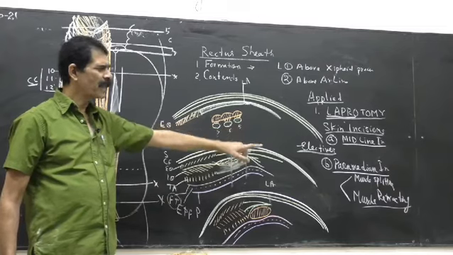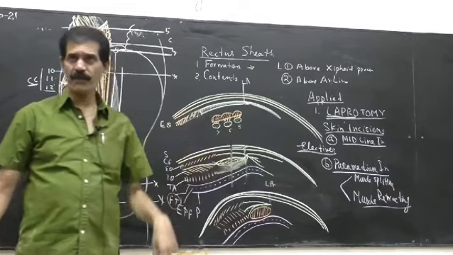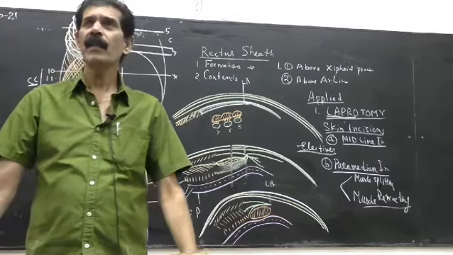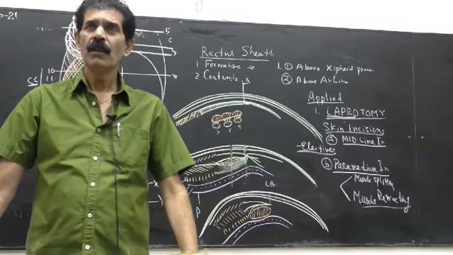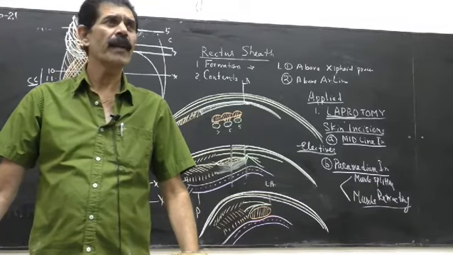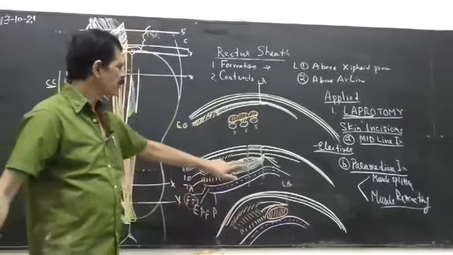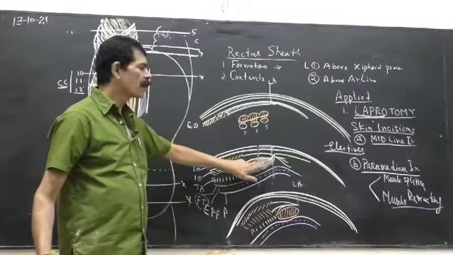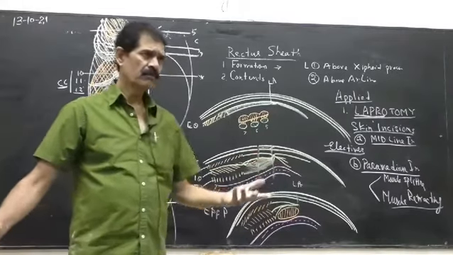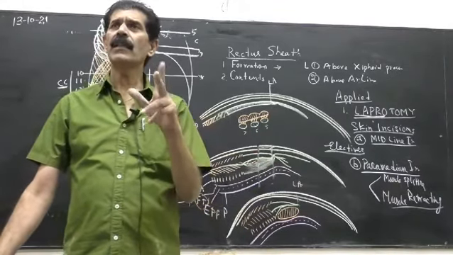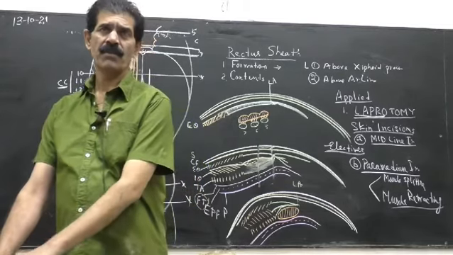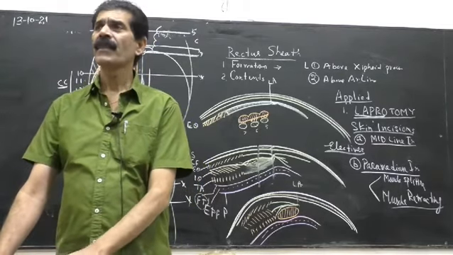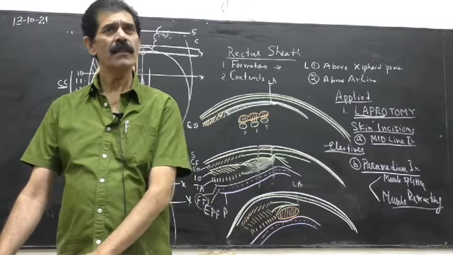This is called the muscle splitting operation or muscle splitting incision. So subsequently, post-operatively, this medial half of the rectus abdominis muscle undergoes atrophy. Whenever the nerve supply of any muscle is cut, not only the blood supply, nerve supply is also important.